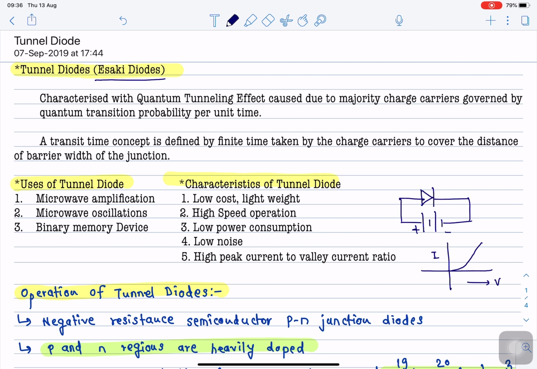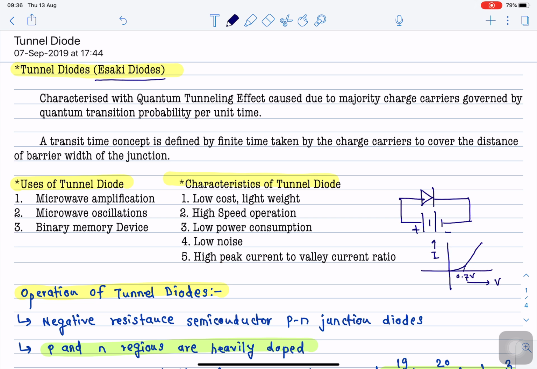Especially when this normal PN junction diode is made of silicon, then when the applied DC voltage crosses the threshold voltage of around 0.7 volt, the current will start increasing. And with the increase in voltage, the current will also increase. So this is a linear behavior.